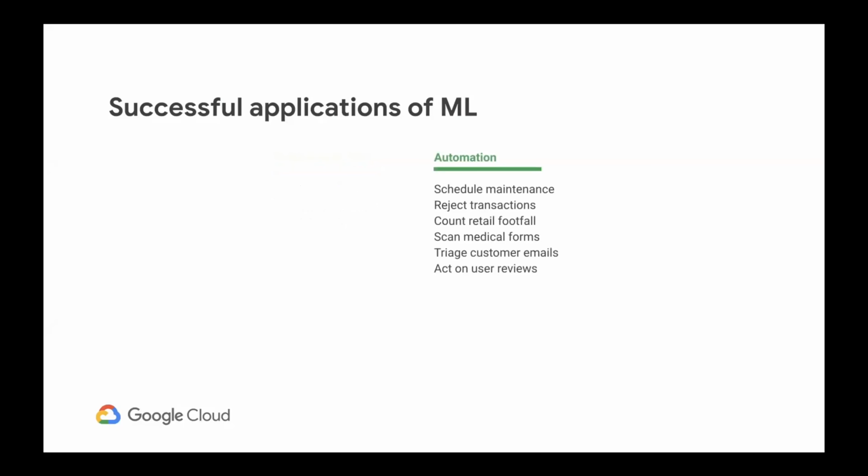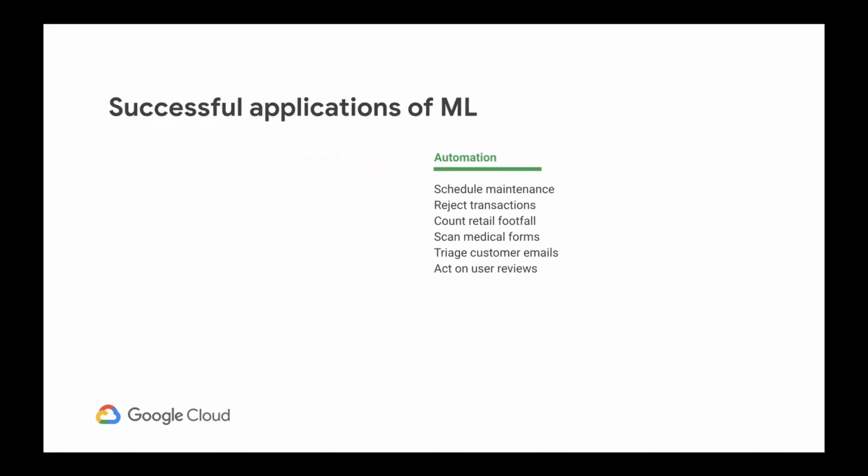Automation is another huge use case. So looking at the workflow in your company and thinking about ways that there might be a step in the process where it's tedious, error prone, and an AI model might be able to fulfill a step or two out of that process.